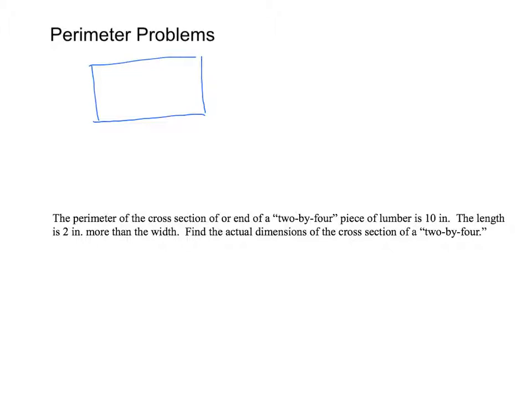We have a length and we have a width. So we're going to know something about one of the dimensions and we're going to know the actual perimeter. We can write one dimension in terms of the other. So if I don't know the width, I'm going to know something about the length based on the width. Okay? So that's the way we're going to get only one variable.